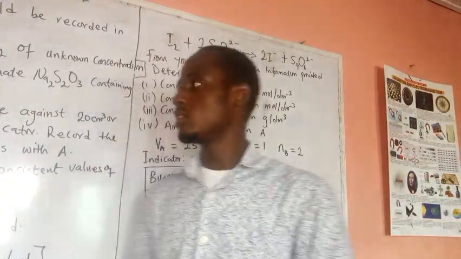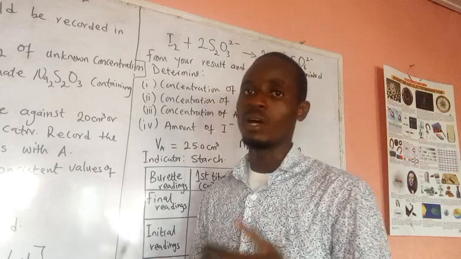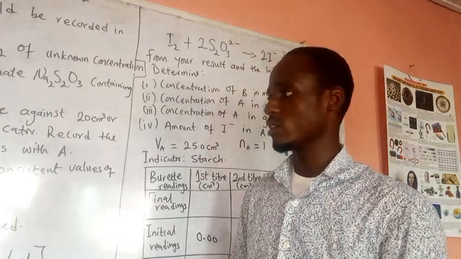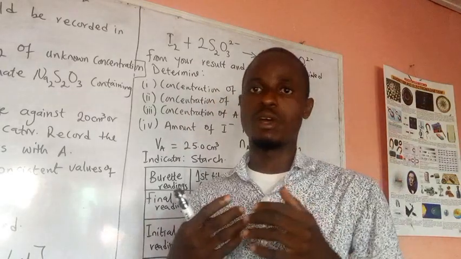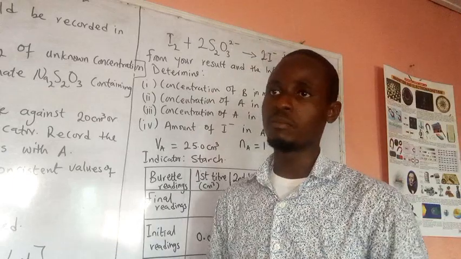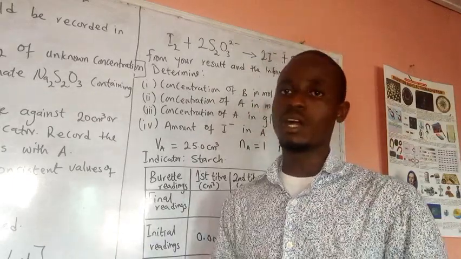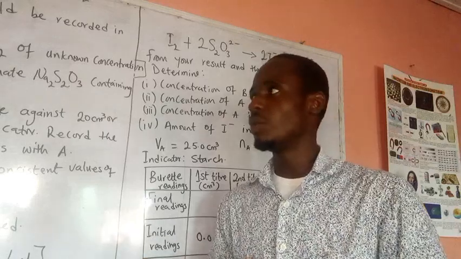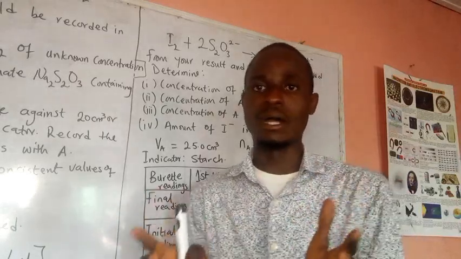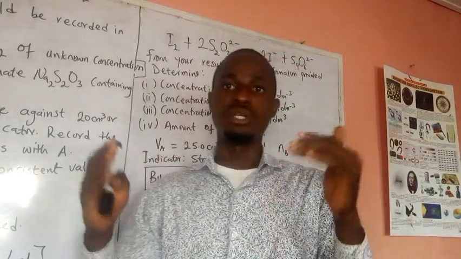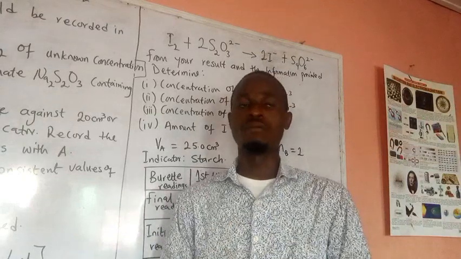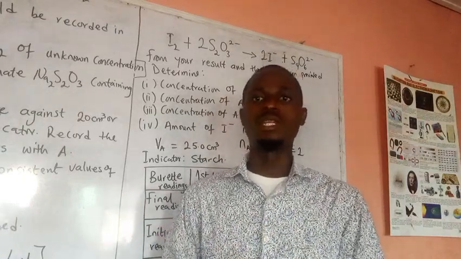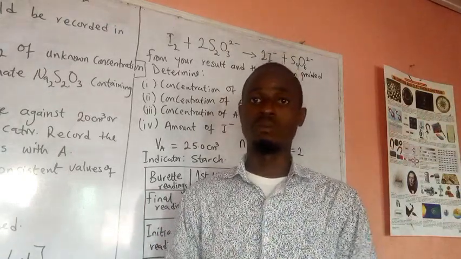Our experiment is basically to get our titer value, that is the average volume of B used in this experiment. However, when we want to make our calculation, there will be a slight change in the formula we use, because I told you earlier that this reaction is a back titration, where we put B into the burette instead of A. So let's go ahead to the experiment now.